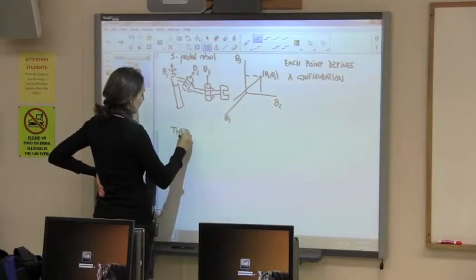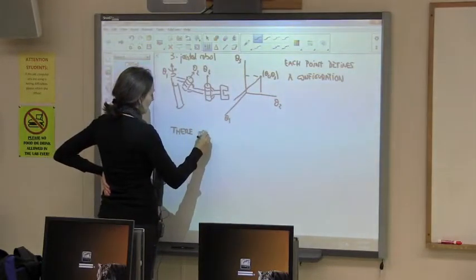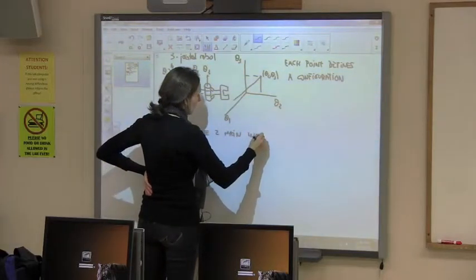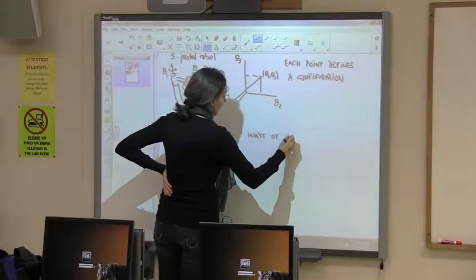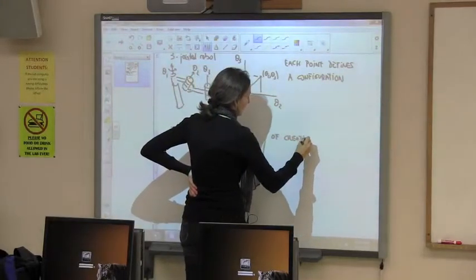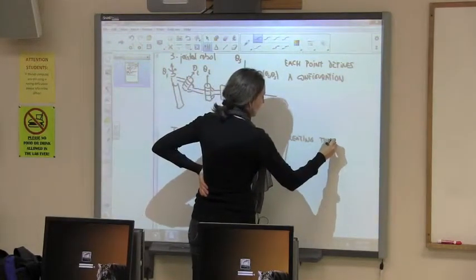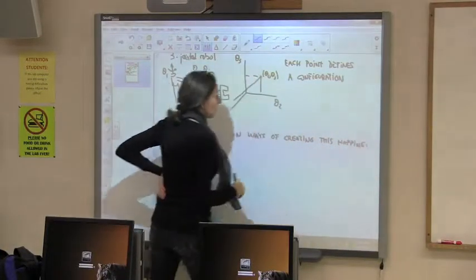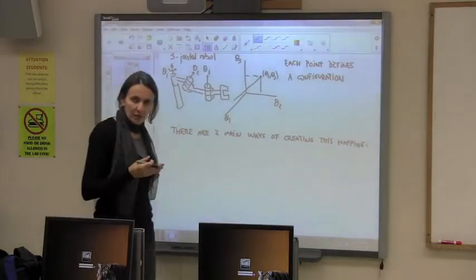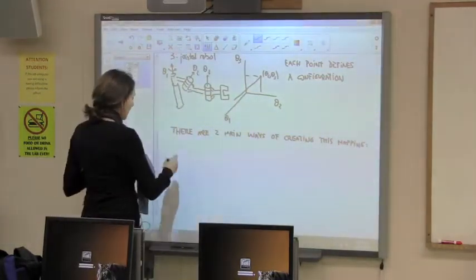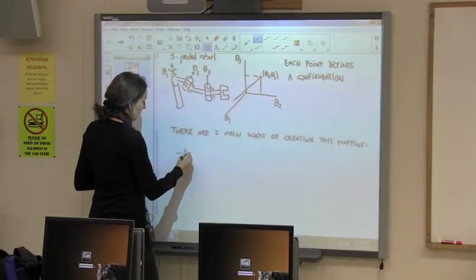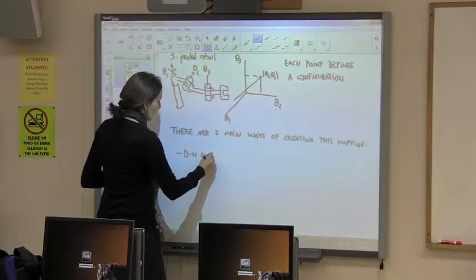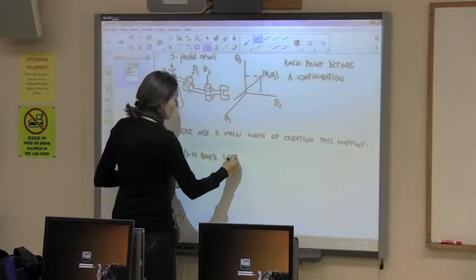There are 2 main ways of creating this mapping. One is one that has been around since the 50s, I believe, which is the Denavit-Hartenberg based local transformations along the chain.